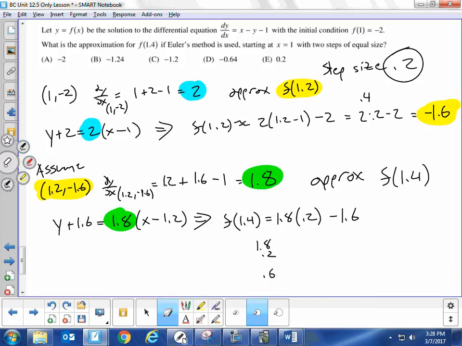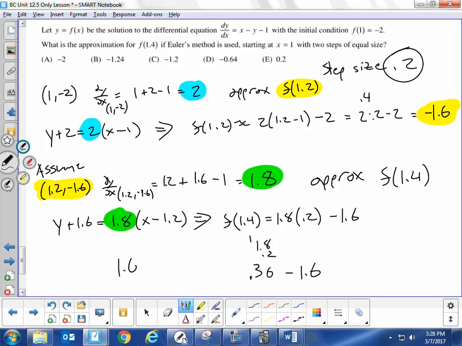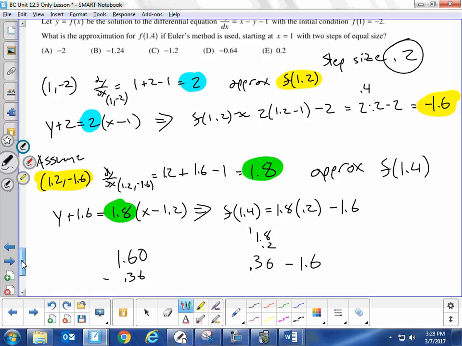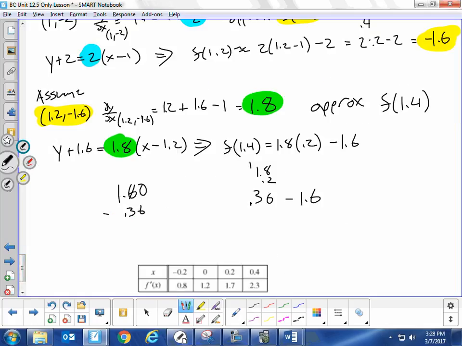So multiplying decimals, multiply normally, move the decimal place over twice, and then 1.6 minus 0.36. Turn that into 1.60. This turns into a 5, 10, 4, 2, 1.24.